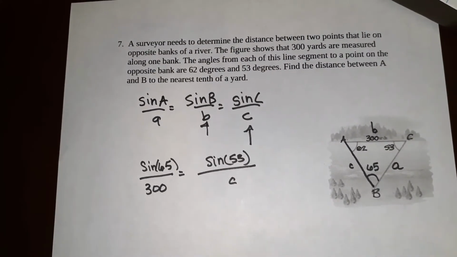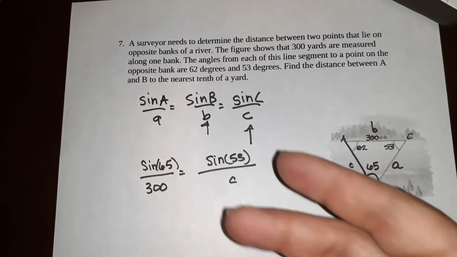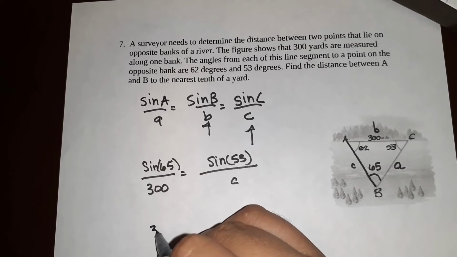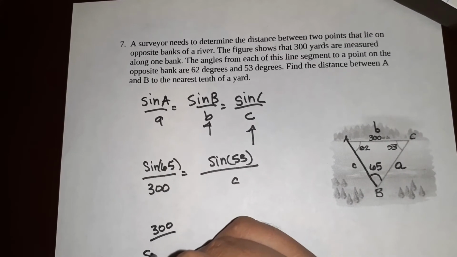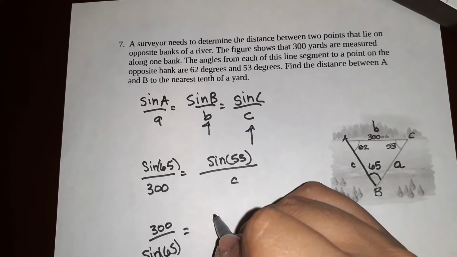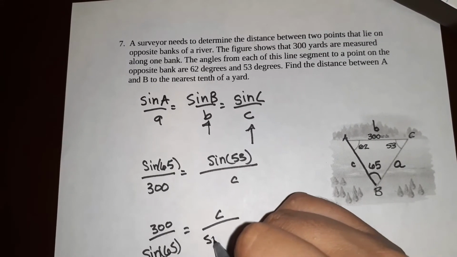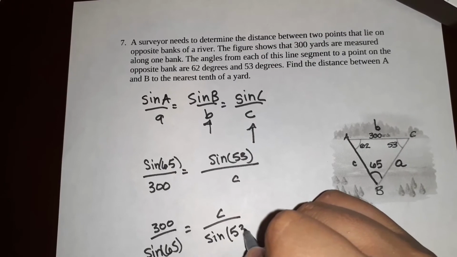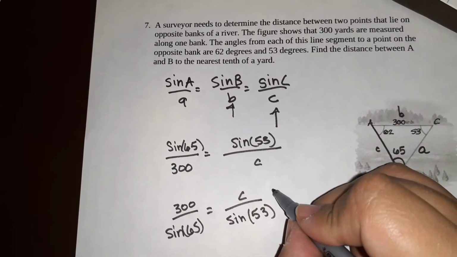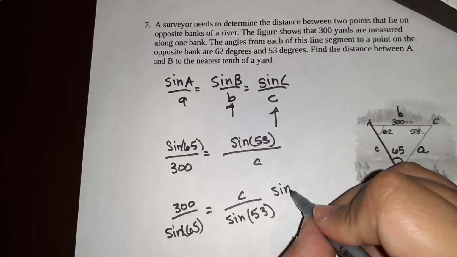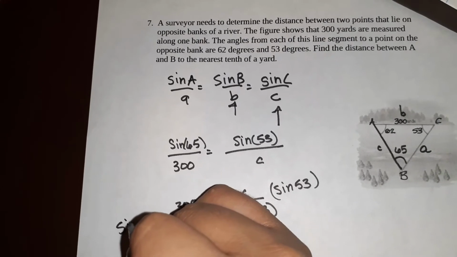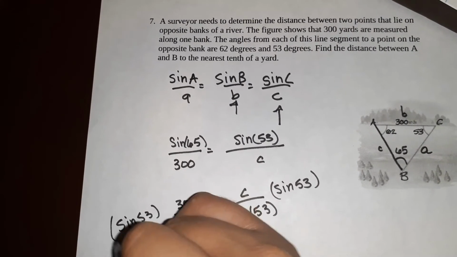So I'm going to go ahead and flip both of these fractions so I can make it a little easier to work with. So my 300 is going to be on top, my sine 65 on the bottom. And if that's what you set up in the first place, then that was smart. Okay, so I'm going to multiply by sine of 53 to get rid of my denominator. But if I do it to one side, I have to do it to the other.